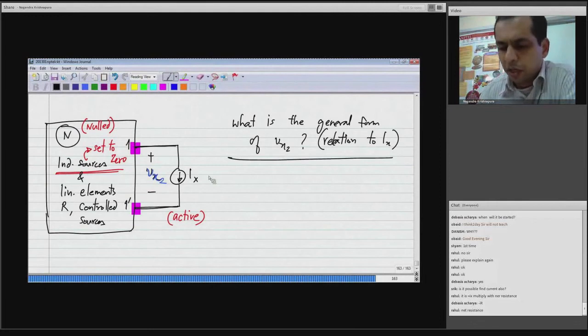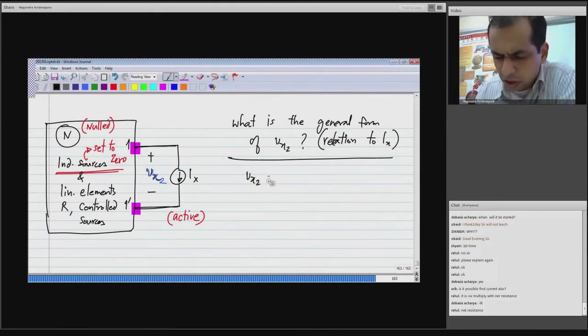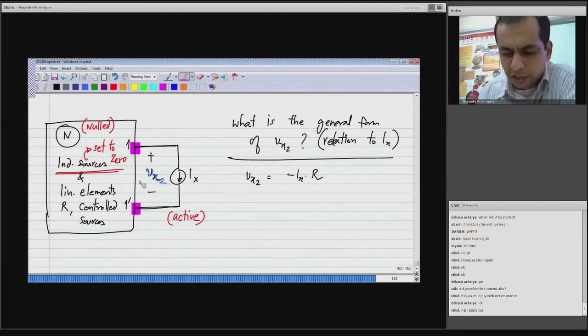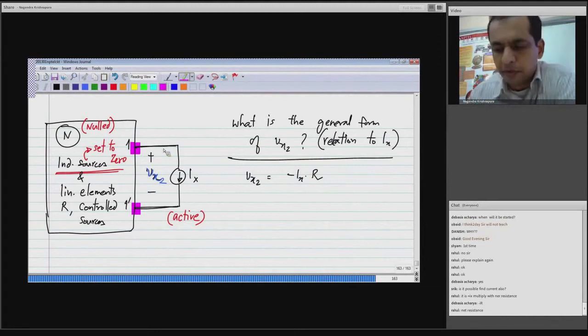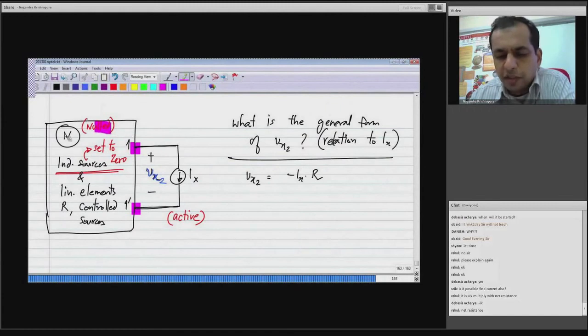Yeah, I think many of you are able to answer it. Vx2 will be proportional to Ix, and with the polarities given, it will be of the form minus Ix times some R, okay, where R is a property of this circuit. R is basically the resistance looking into the terminals 1, 1 prime, okay. Because we have a single independent source here, Ix, and all the other sources are null, and all the other components are linear, so every branch voltage and current will be just proportional to Ix, and that will apply to Vx2 also, okay.